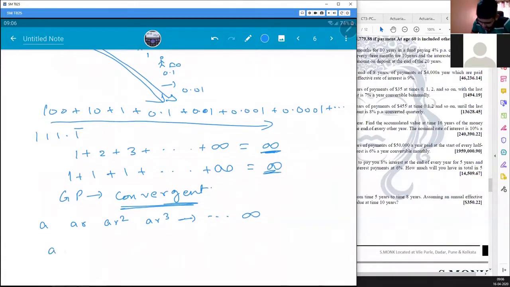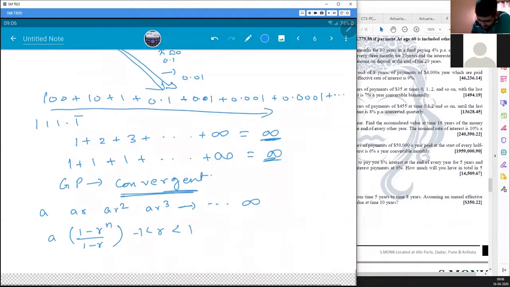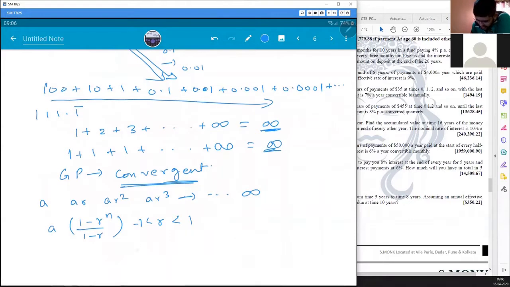The formula for its sum was a into 1 minus r raised to n upon 1 minus r, where r is less than 1. Let's say r is between minus 1 and 1. I put this restriction of between minus 1 and 1. So here I am saying n is infinite.